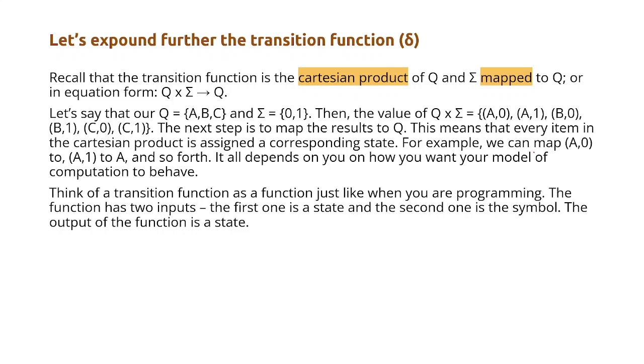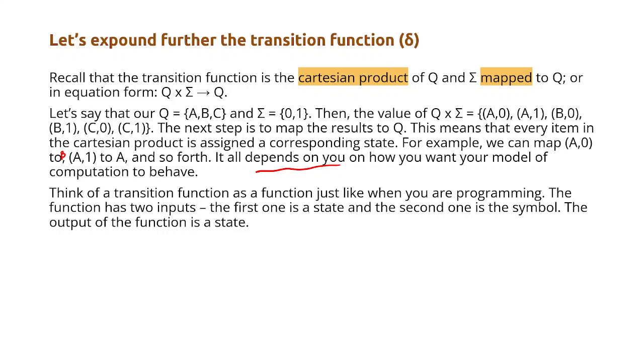For example, we can map A0 to B, and then A1 maps to A, and so forth. It all depends on you. You decide where you want to map it, on how you want your model of computation to behave.